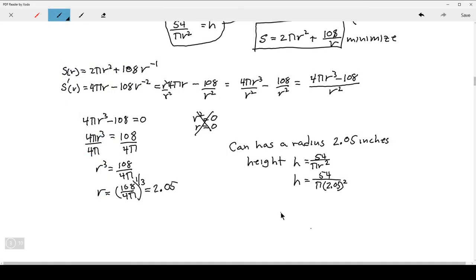So the height is, if I round this off to 2 decimal places, 11.66. Okay, so the height is going to be 11.66 inches.